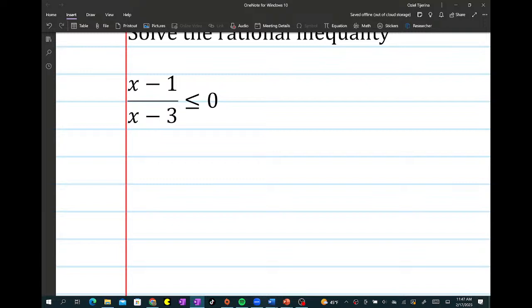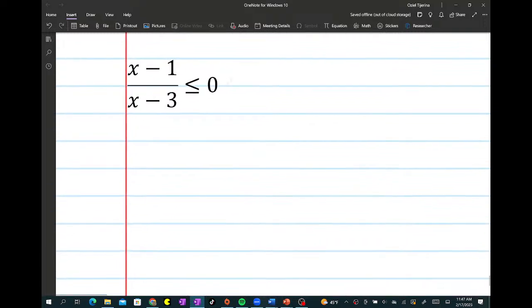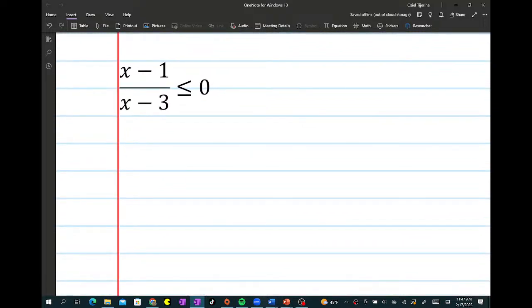Now, obviously, it says less than or equal to 0, and we need to know when it's less than or equal to 0. So the first thing that I'm going to do here is state my restrictions. Number 1, state restrictions, right?